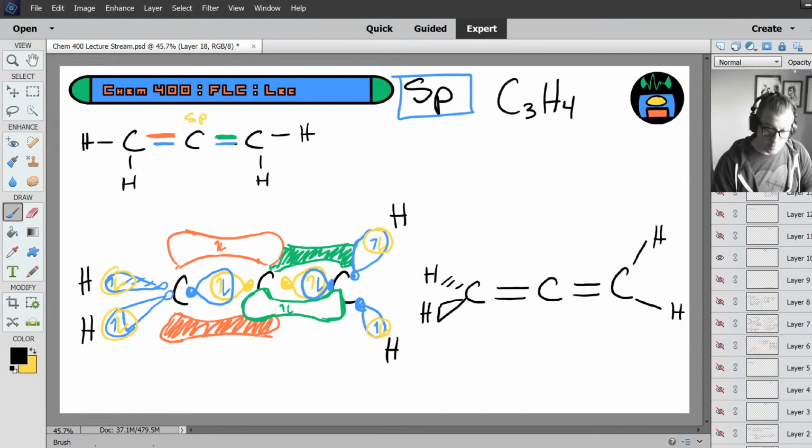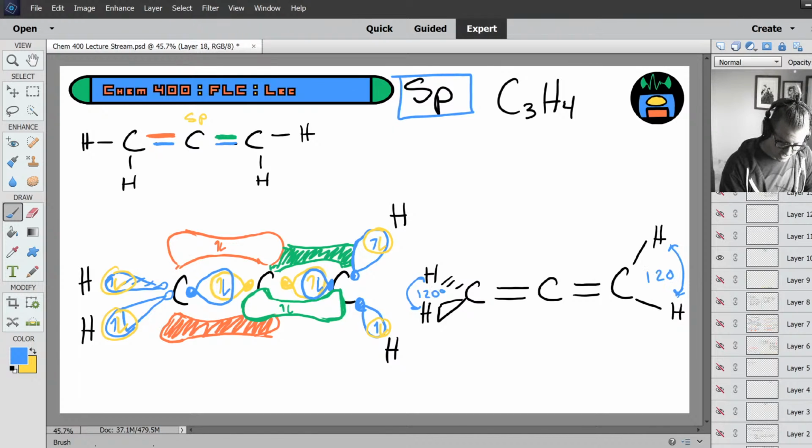And all the bond angles we originally drew were correct. These are still 120 degrees. All right? And these are still 180.